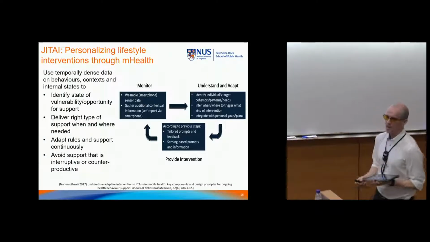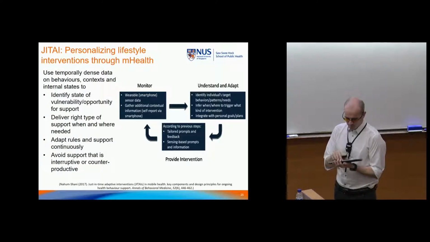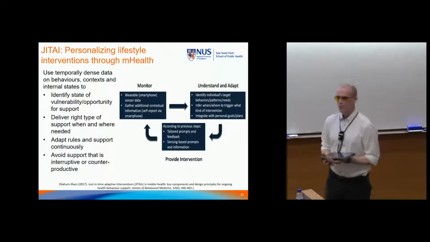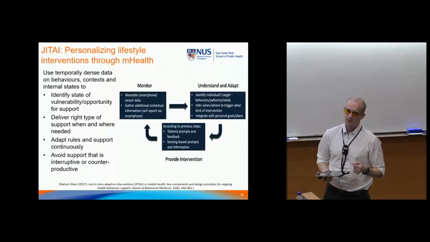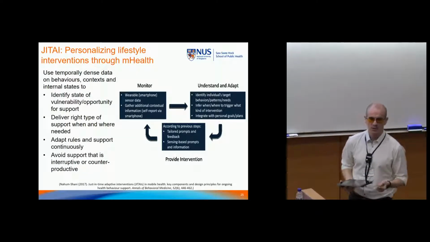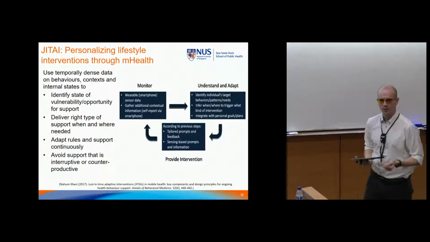In just-in-time adaptive interventions, JITIs, we then hope to be able to use this information to identify under what circumstances individuals are particularly open to behavior change strategies. So are they vulnerable to unhealthy behaviors, or are there opportunities for healthy behaviors?